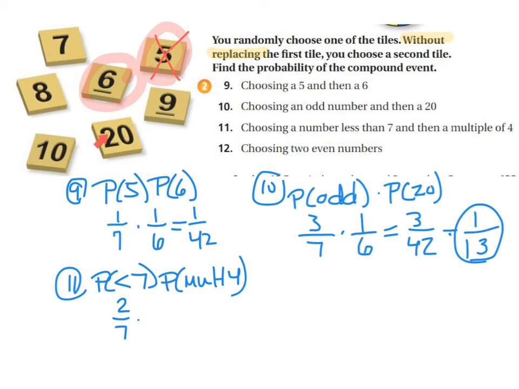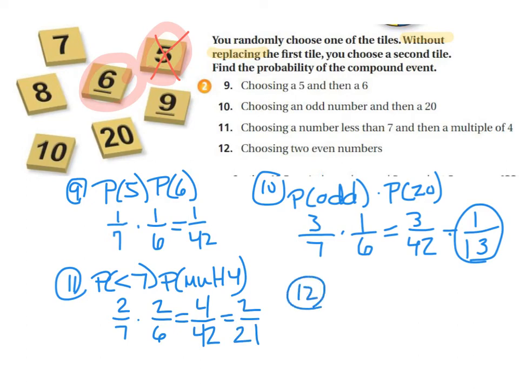The rest are not multiples of 4. So this would be 2 out of 6 remaining tiles are multiples of 4. So that would be 4 over 42, which can be simplified to 4 divided by 2 is 2, and 42 divided by 2 is 21.